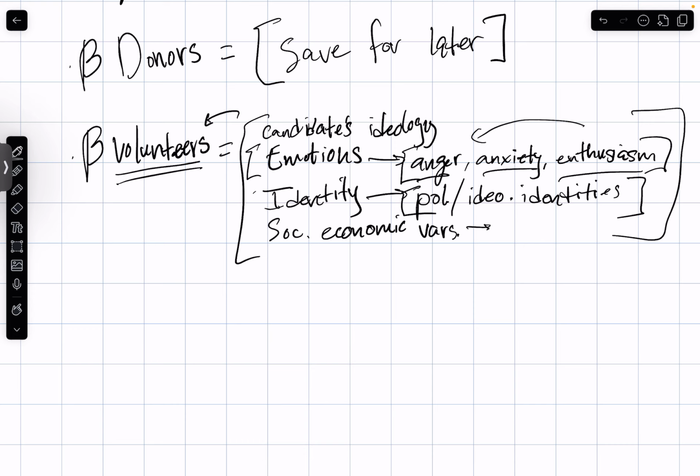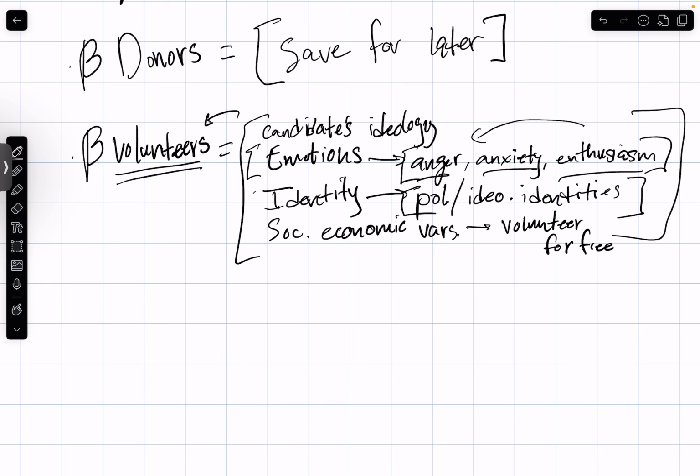These include, and the ones that are especially important for volunteers are their ability to volunteer, because they're volunteering for free, right? They're not getting paid. So if you're giving your time, you might need to have some extra funds to be comfortable enough to actually do that. Now, if you've ever worked on a campaign like I have, you have a lot of young college students and people who aren't really that wealthy.